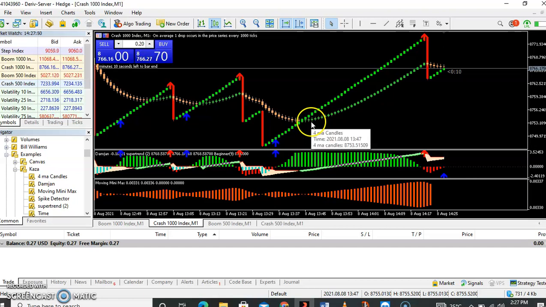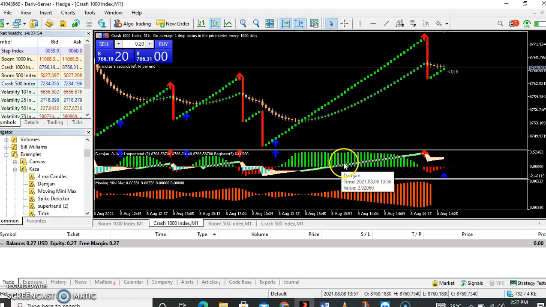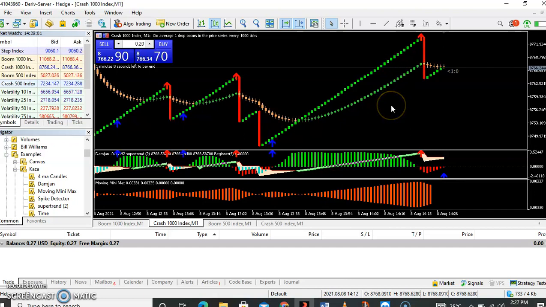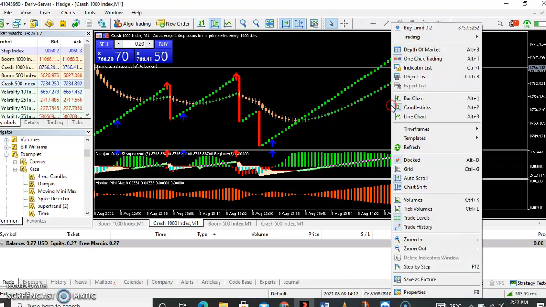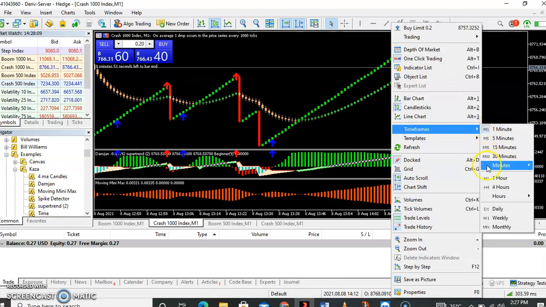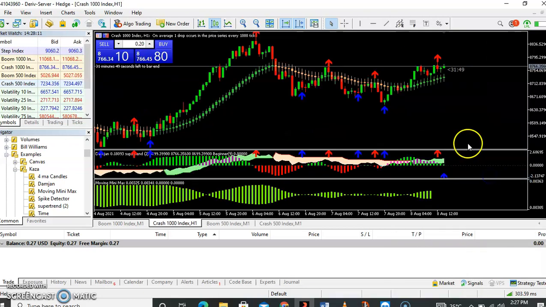Where the mouse is basically lets you know what trend the market is taking. Now when you want to scalp, I would advise that you take a look at the market trend. So go to a higher time frame, say the 1 hour time frame.